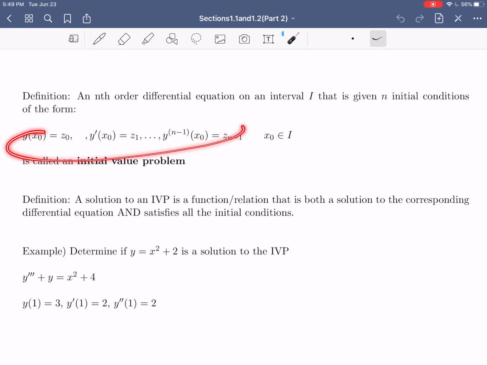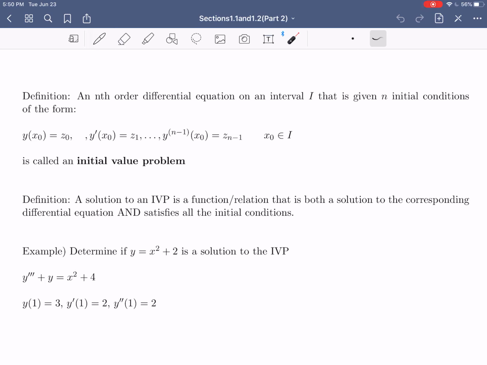Keep in mind that these are n initial conditions, because we're going from the function to the n minus first derivative. So this is 1, 2, down to n different conditions, even though it's based on the n minus first derivative. What does it mean to solve an initial value problem?